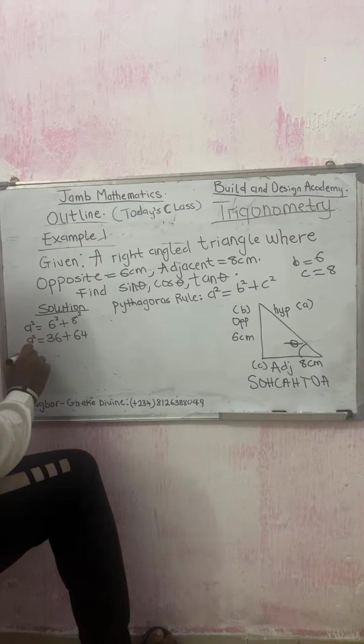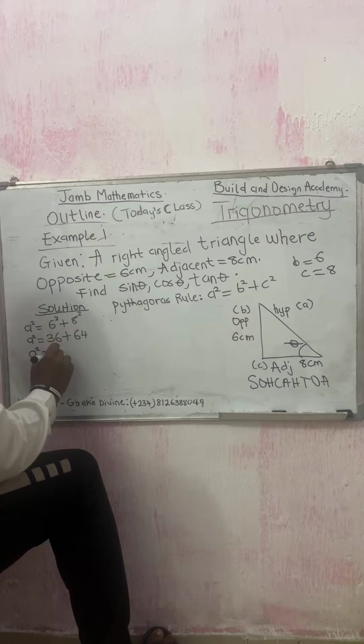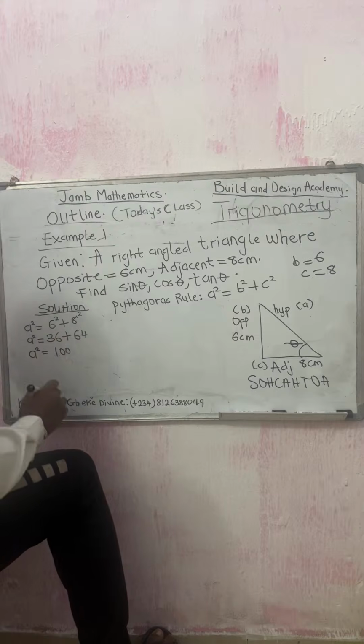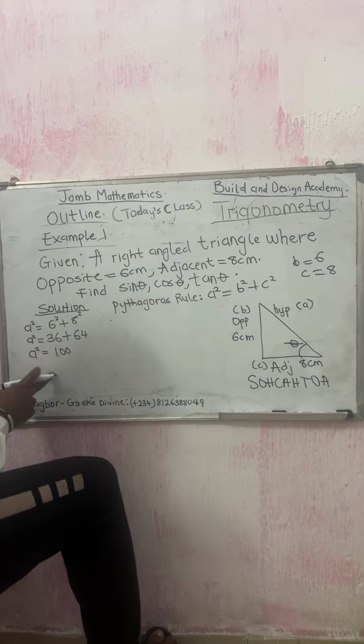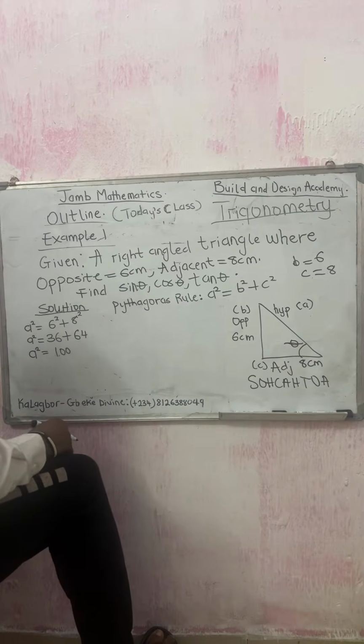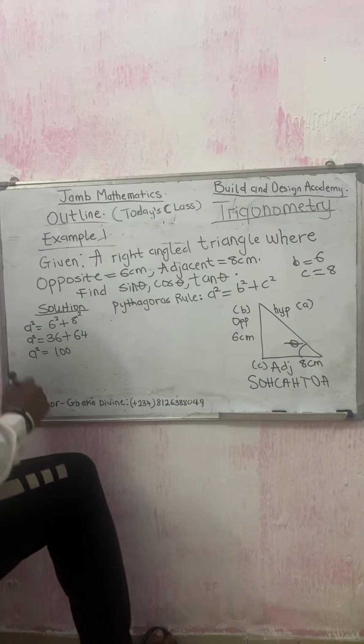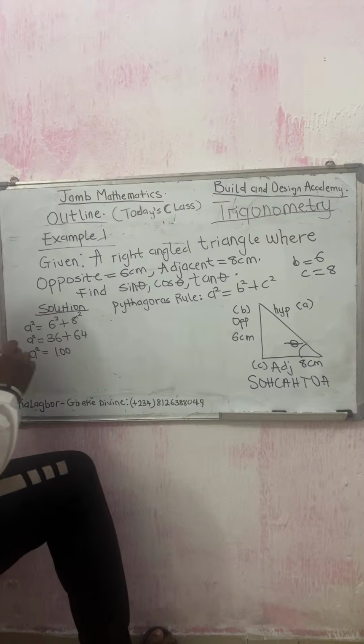So A square will be equals to 36 plus 64, which is 100. Now, A has a square, and we want to eliminate the square to just get A, which is our hypotenuse. So we simply take the square root of both sides.